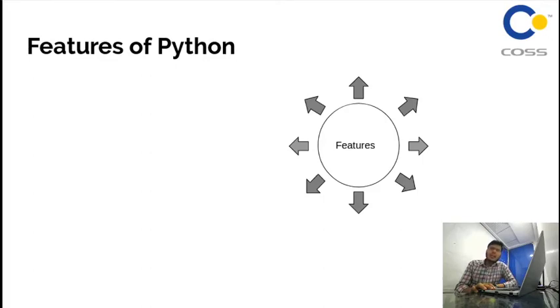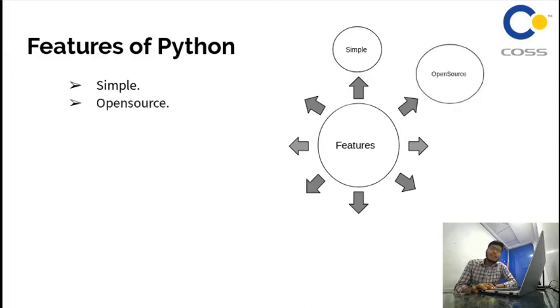So now let's understand what the features of Python are. Python is simple to understand. As I showed you, to print a hello world program, it is a matter of one line. Python is open source. Anybody can modify the source code of Python and store it as a module.